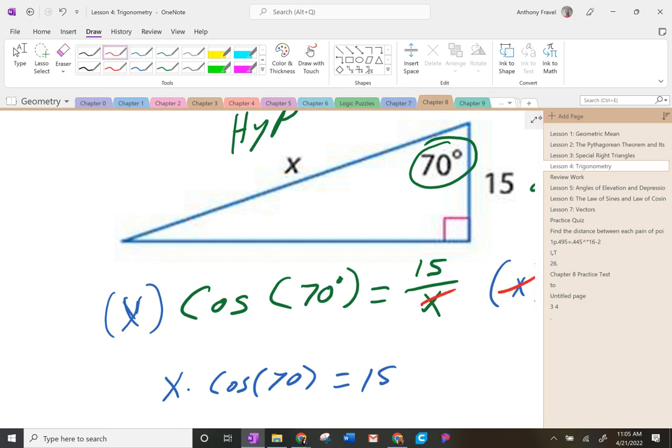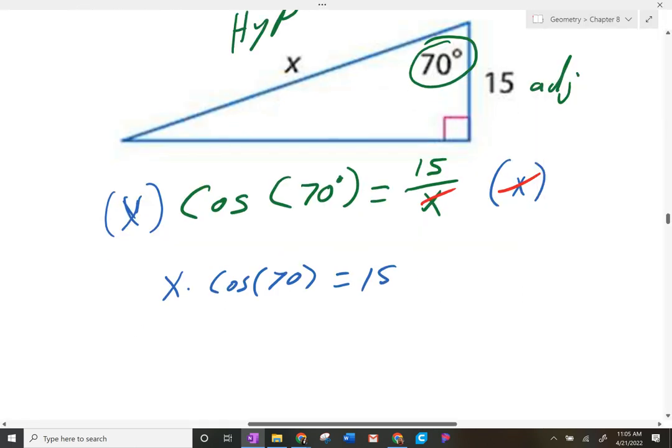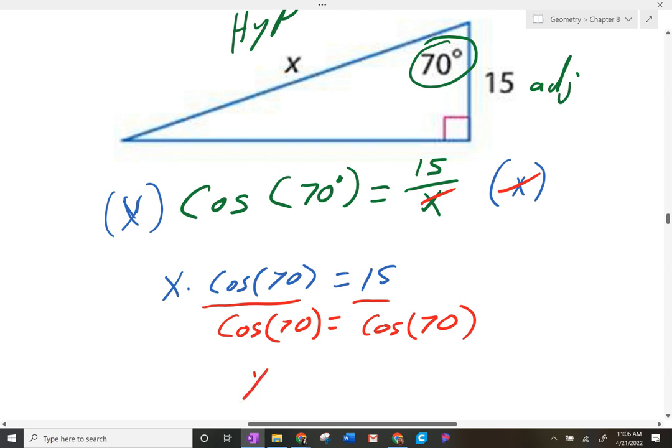And then the very last step I'm going to do is divide both sides by cosine of 70. So my answer on this one is going to be x equals 15 divided by cosine 70. Go ahead and punch that one in the calculator, see if you can work through that one.